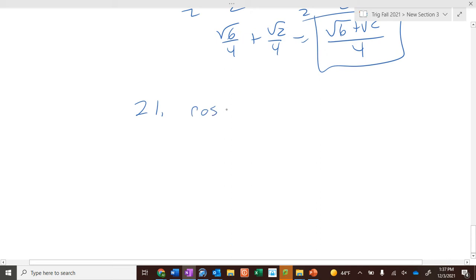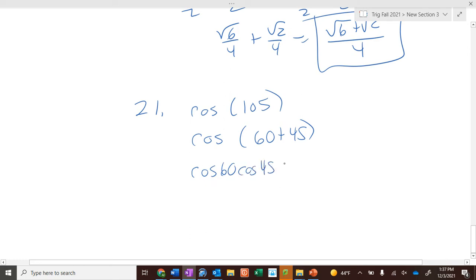21, the cosine of 105. What'd you use? 60 and 45. Sounds good to me. Cosine of 60, cosine of 45, minus sine of 60, sine of 45.